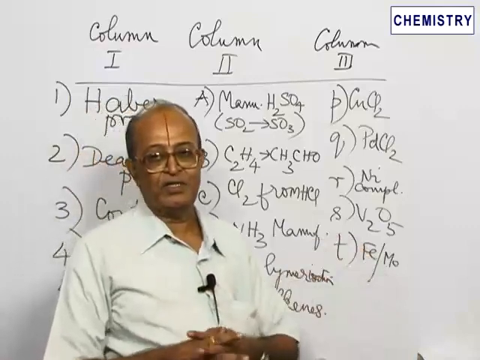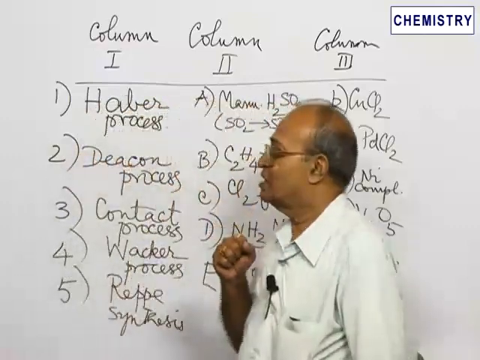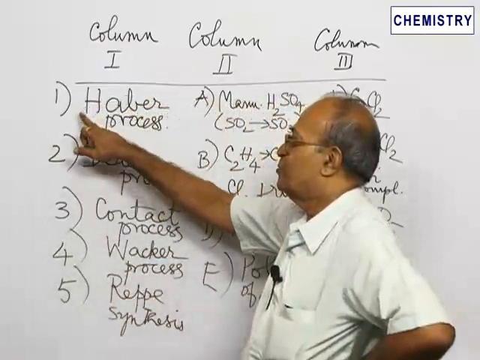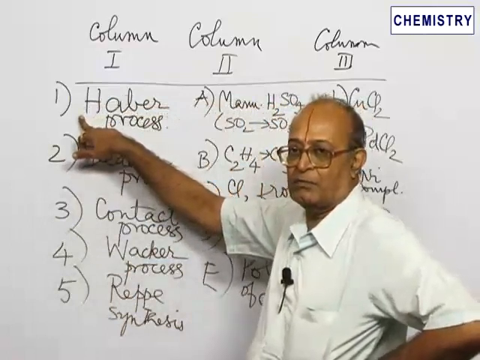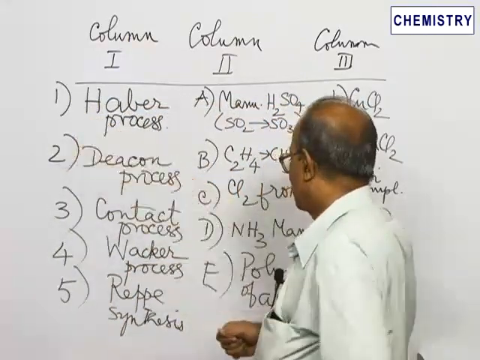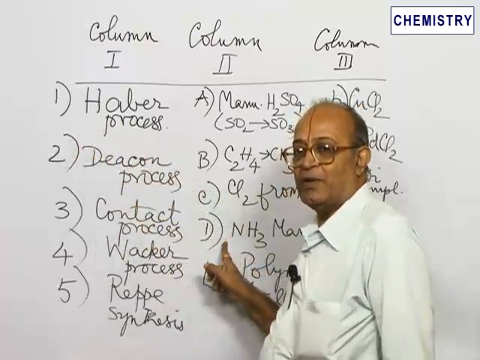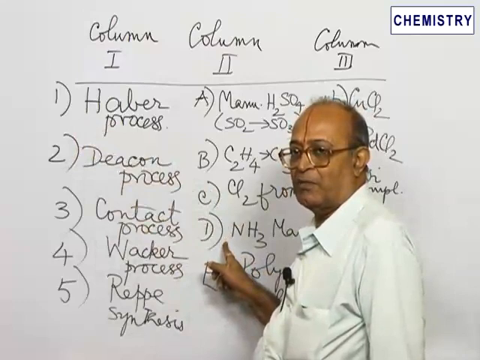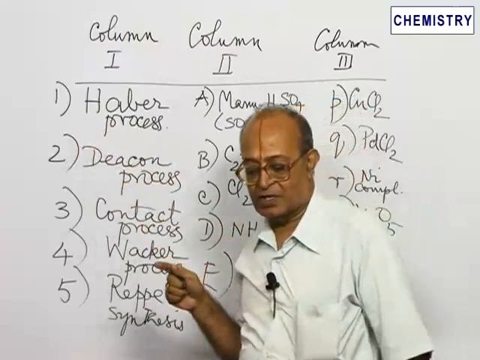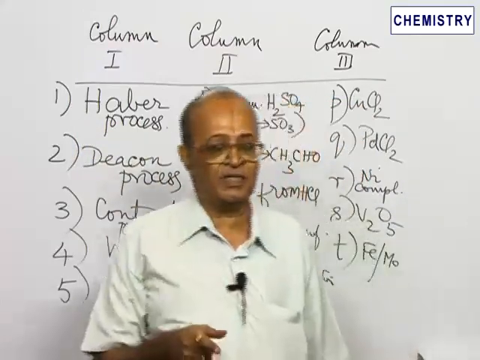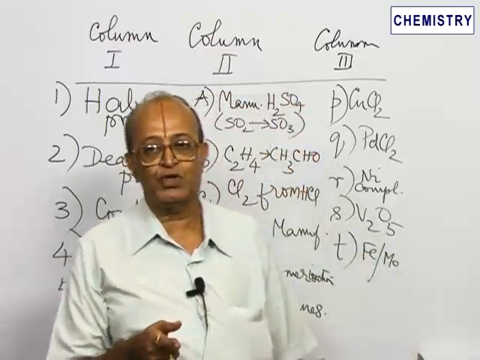So you can notice from three columns you choose Haber process 1, for which from column 2 you choose D, manufacture of ammonia. And in the Haber process, what is the catalyst that is normally used?